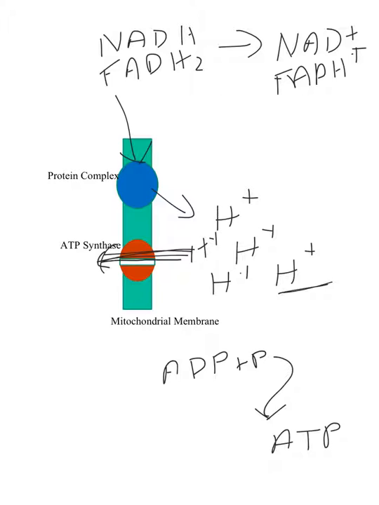But imagine what's going to happen over time. We're eventually going to have a buildup of hydrogen ions on this side of the membrane. And you know from your studies of diffusion, when an equilibrium develops between concentrations on both sides of the membrane, the net flow stops.